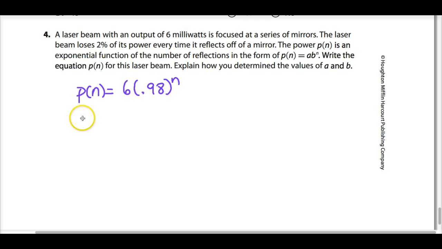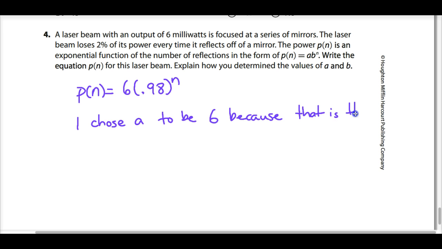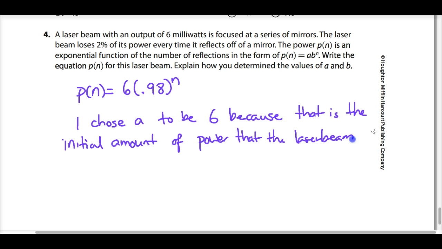And I said I chose a to be 6 because that is the initial amount of power that the laser beam has. It's kind of like 6 is like $6 that your grandma starts off with, right?